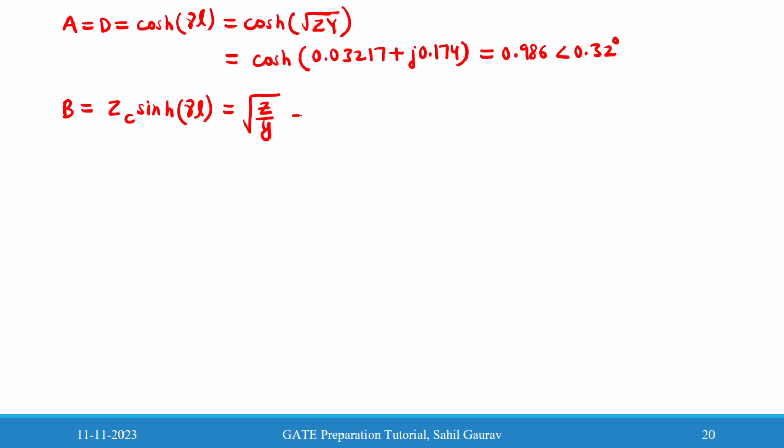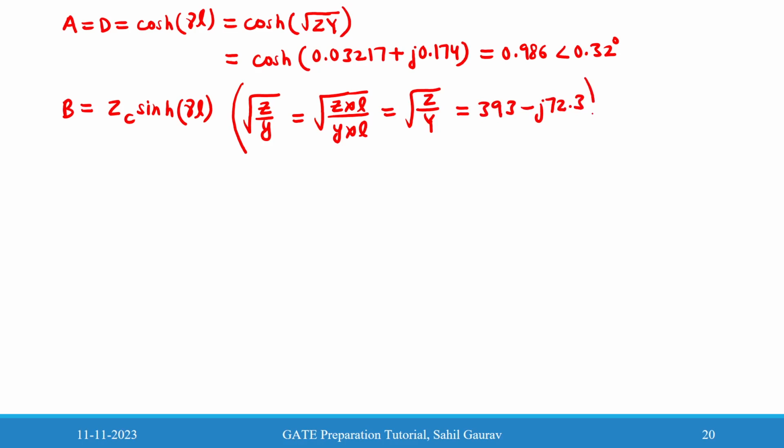So we can multiply with L, both numerator and denominator, so it will be capital Z divided by capital Y. So we will get this one, 393 minus j70.2.